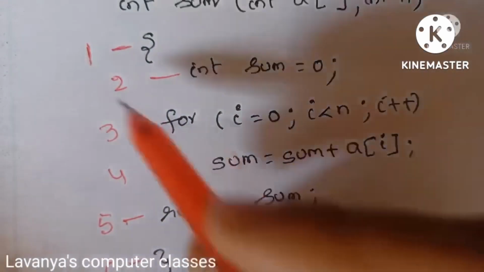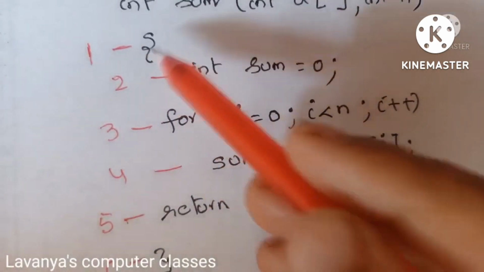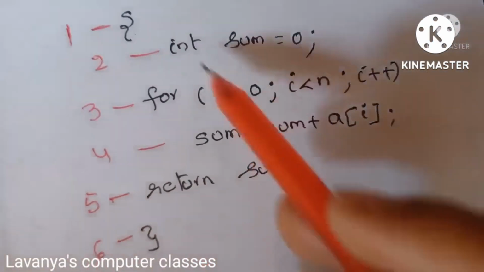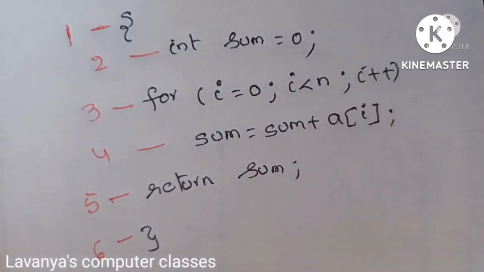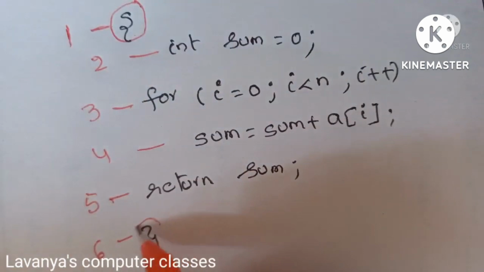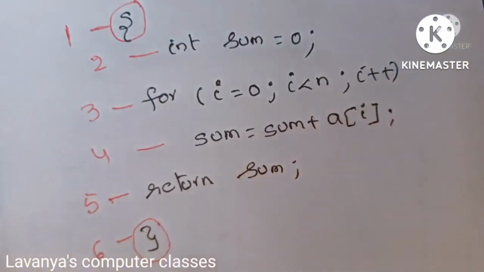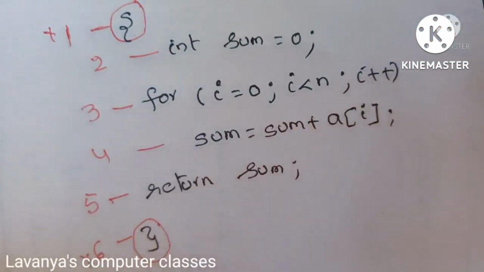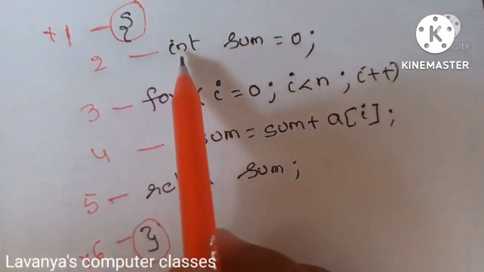So there are 6 steps, from the opening bracket to the last closing bracket. For executing these brackets, the machine does not take any time, so they are not considered. Line 1 and line 6 do not take any cost of time for execution. So we start from here.